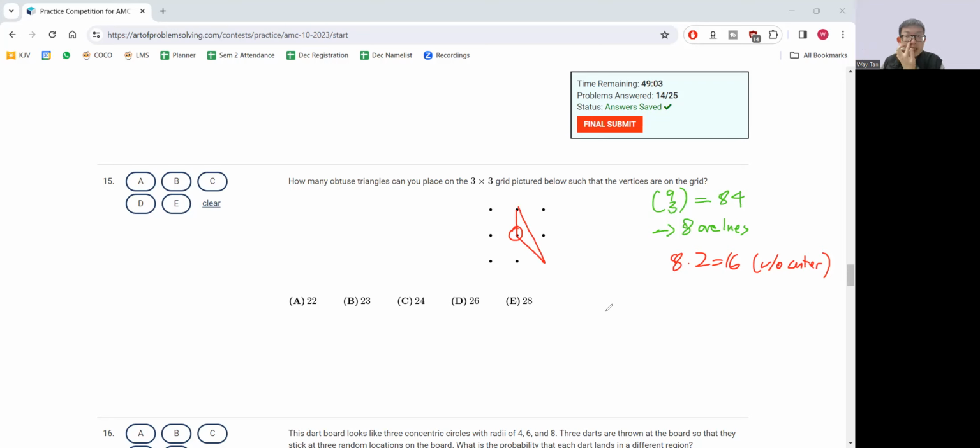Which means that you pick one edge here. If I pick this one, then there are 2 choices opposite it, and then there will be 2 times 4 equals 8 with the center. So that is a total of 24. I don't see anything that I'm missing. I may be missing something, but if I'm not, the answer should be 24.